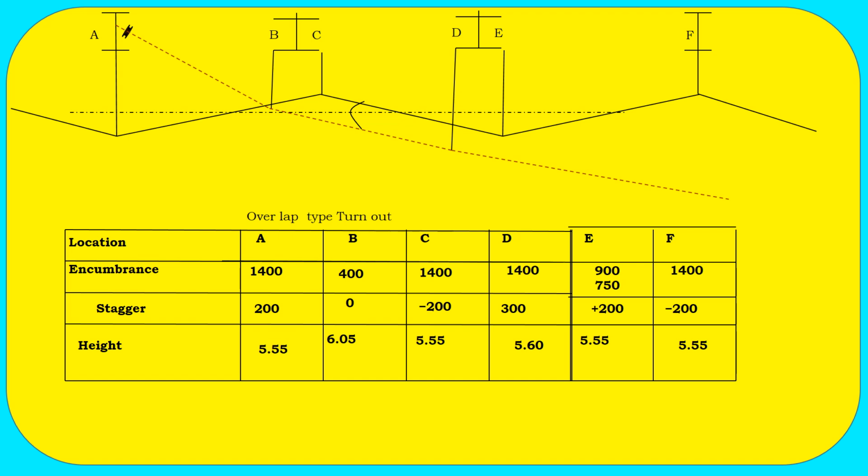Next is the obligatory mast, where the pantograph will leave the mainline. That distance from the center of the mast must be within 10 meter. Within 10 meter. This is called the danger zone. From the obligatory mast center to 10 meter, within 10 meter, the pantograph will leave the mainline OHE and catch the turnout OHE.